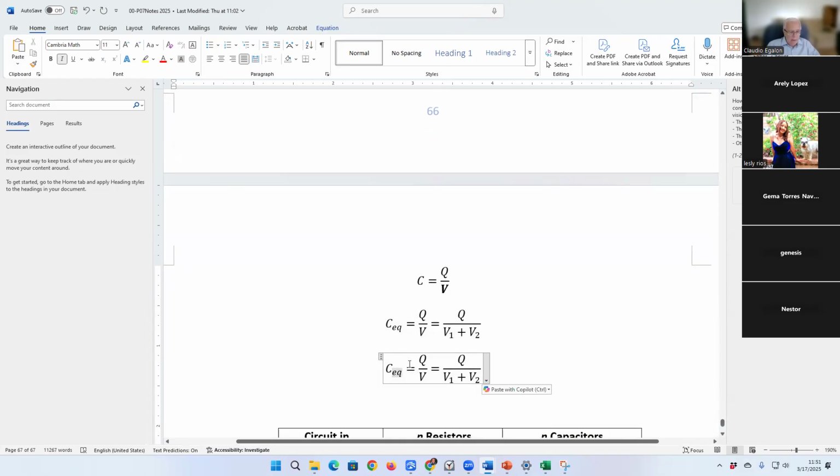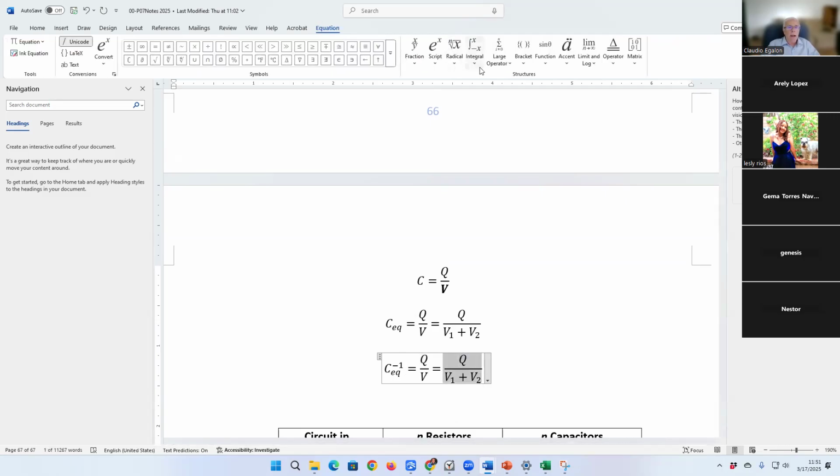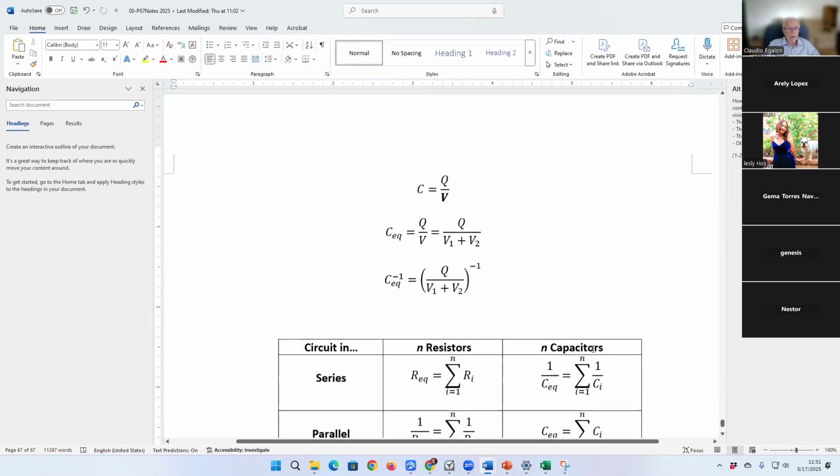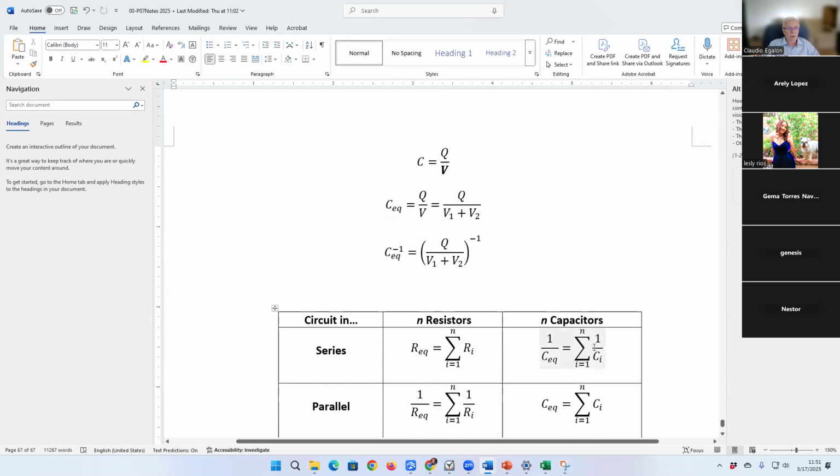It's a mathematical trick that we discovered a long time ago. Two capacitors in series.